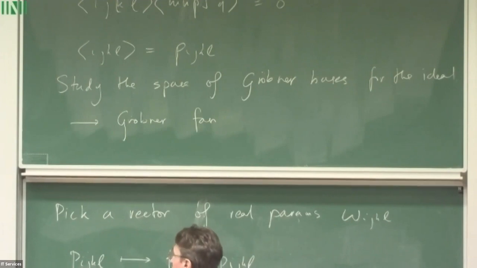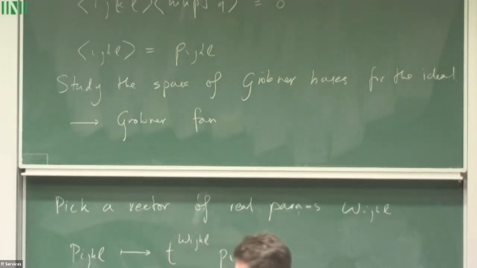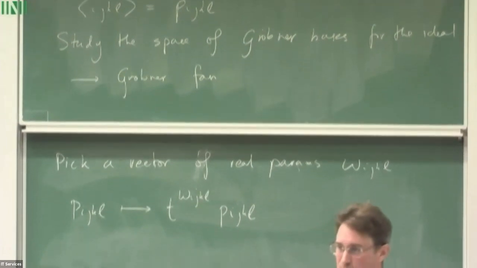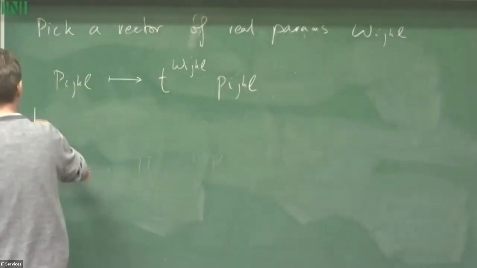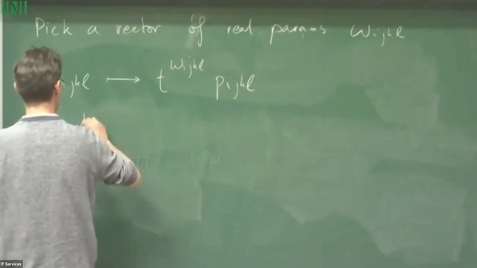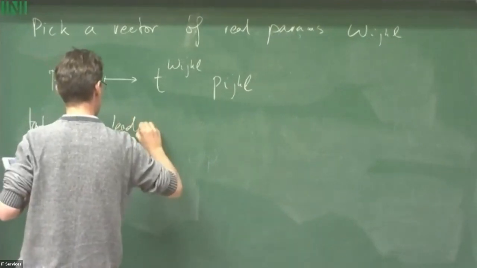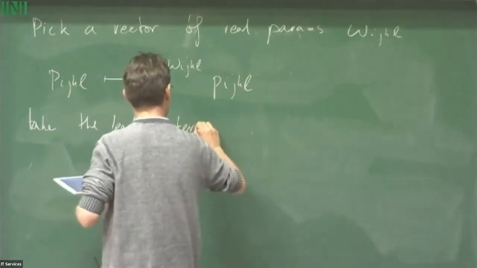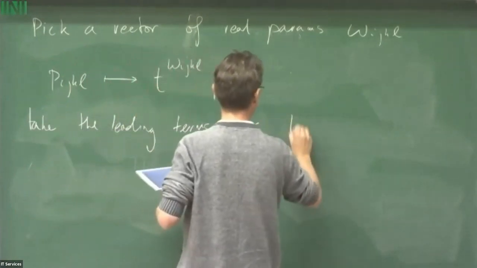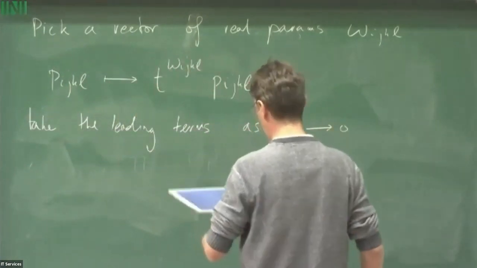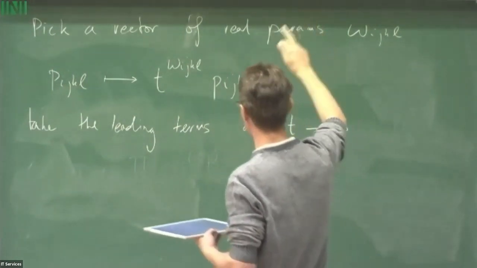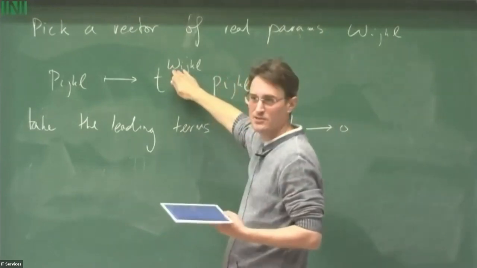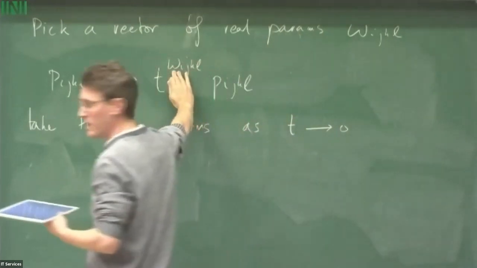Okay, so that will give me the leading form for each polynomial. If I take the leading terms as t goes to 0, I get what's called the initial ideal of the original ideal, indexed by the vector of weights that I've picked.